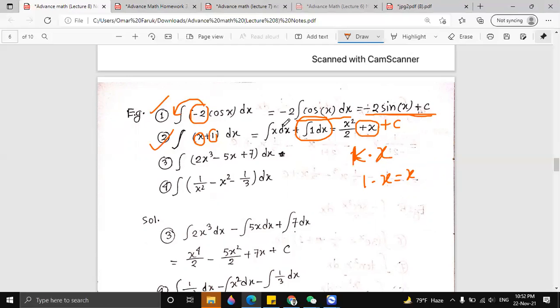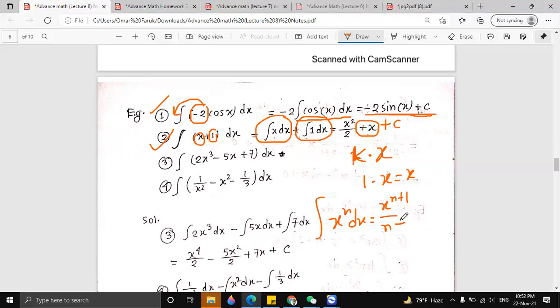And here we have integration of x dx. So from the formula, we know that integration of x to the power n dx is x to the power n plus 1 by n plus 1.